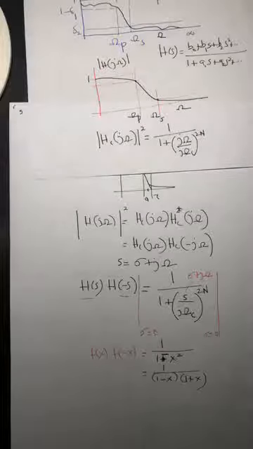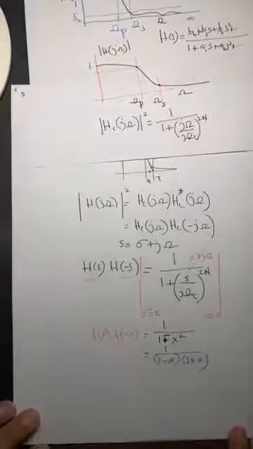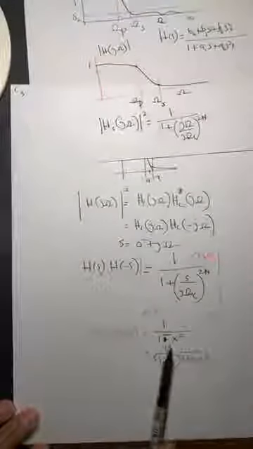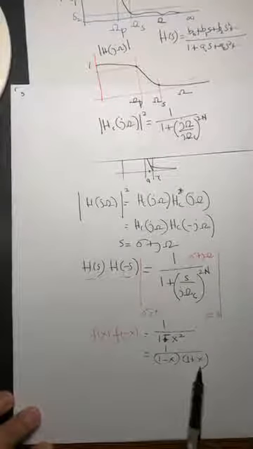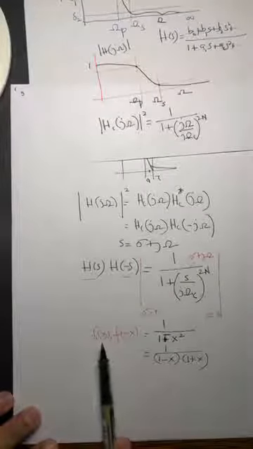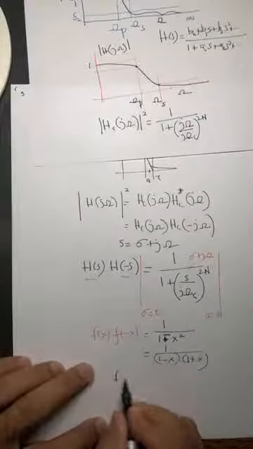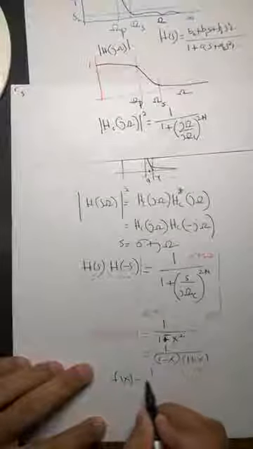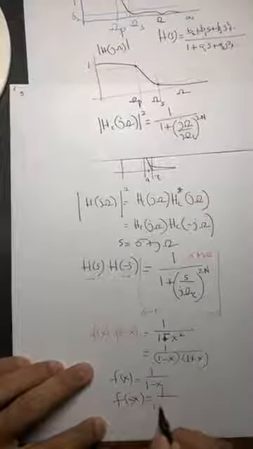This is beautiful because now I have successfully split a function into two parts with this relationship in it, that one part is similar to the other part. Only if I replace x by minus x, I get the other part. So I say f of x could be any one of these two, and I can say this is my f of x and this is f of minus x, which is 1 over 1 plus x.